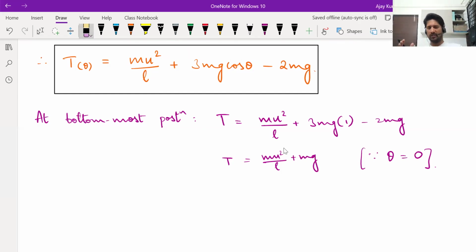We know cos 0 is 1. As the angle increases, what happens to the cos value? Decreases, sir. Decreases. Cos 0 is 1. Cos 90 degrees is 0. Cos 180 degrees is minus 1. So it keeps on decreasing up to 180 degrees.